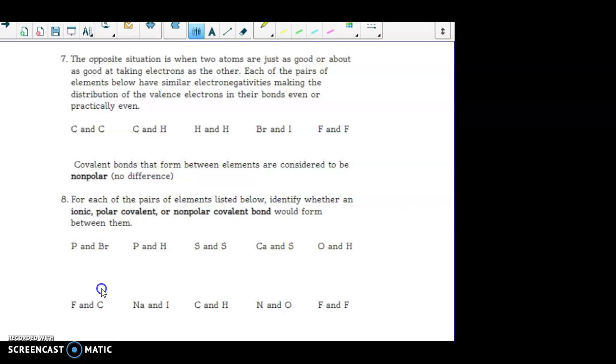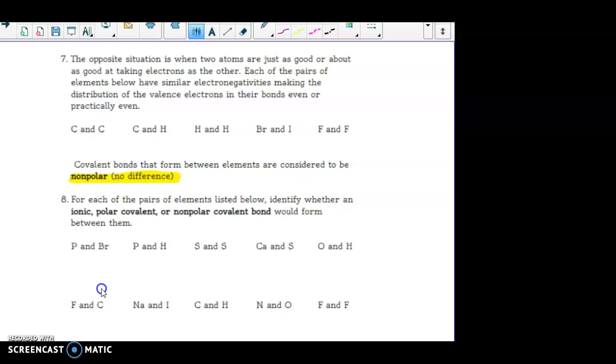So when they're the same or when they're similar, if they're both in the low category or both in the high category, there is going to be a bit more even distribution of the electrons there. So covalent bonds that form between these elements are considered to be nonpolar, where there's no difference or a slight difference. So in these cases, we would not expect there to be a very big difference.